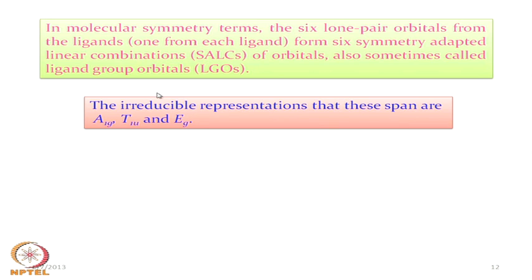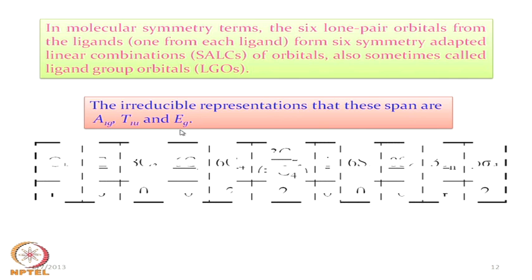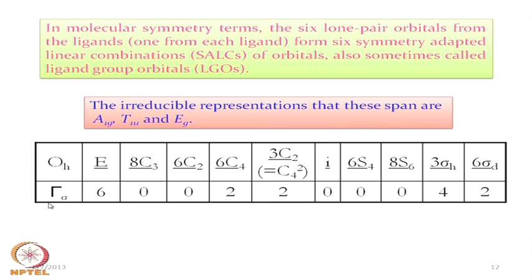From the reducible representation, gamma sigma can be represented as the corresponding irreducible representations, and these span the 3 symmetry levels A1g, T1u and Eg. So, our SALCs or LGOs will have these symmetry levels for the molecular orbital formation.